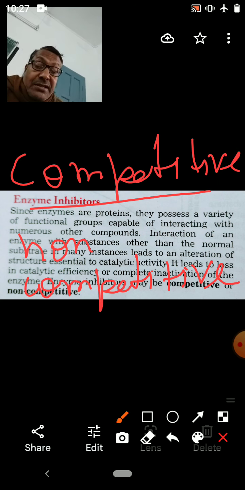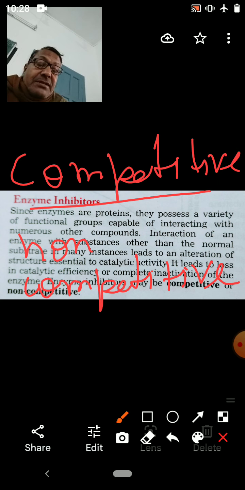See, there is an enzyme, succinic dehydrogenase. This enzyme changes succinic acid to fumaric acid. Succinic acid combines with the enzyme molecule succinic dehydrogenase and forms an enzyme substrate complex.